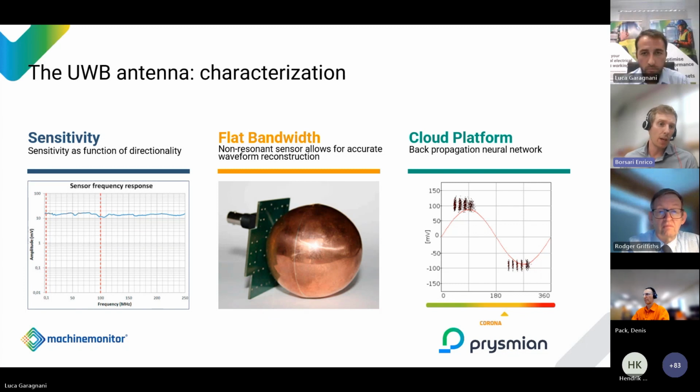This seems to be a drawback at first, but it's actually very useful in test situations. We use the device in what we call survey mode. We screen a cable accessory after accessory, and we try to determine which accessory brings the higher energy content, the higher amplitude.